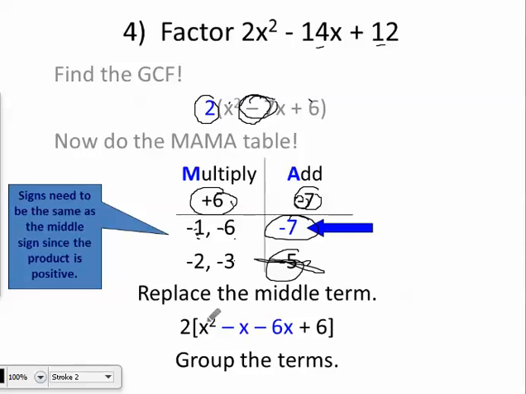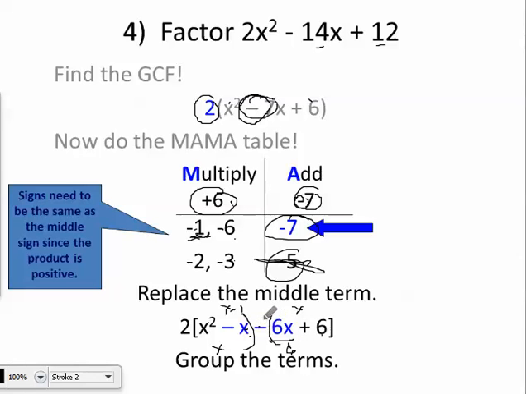Break it down into its parts. X squared minus x. That's where the negative 1 came from. And negative 6x plus 6. Then I can group these together. And I'm going to get an x out of this term and an x minus 1. And I'm going to get a 6 out of this term, and I'll be left with an x.